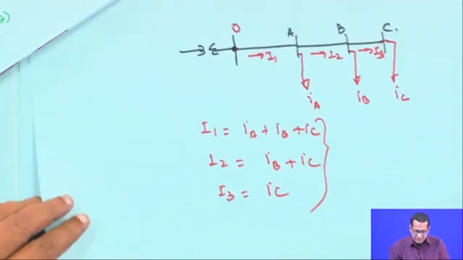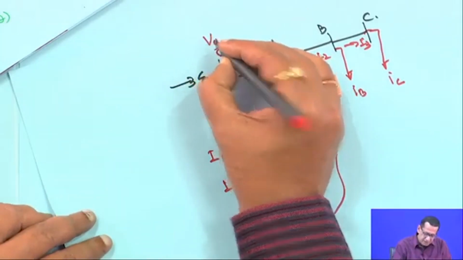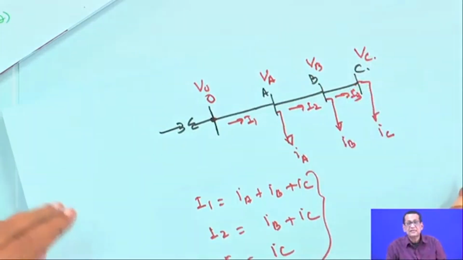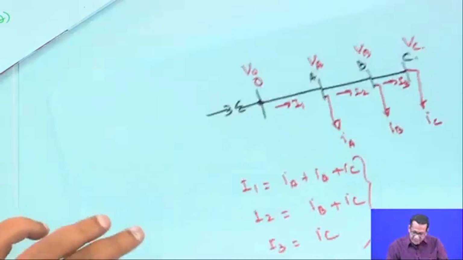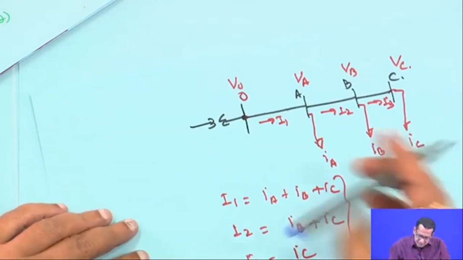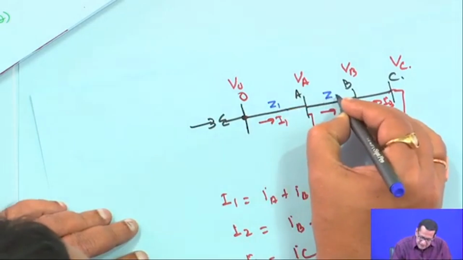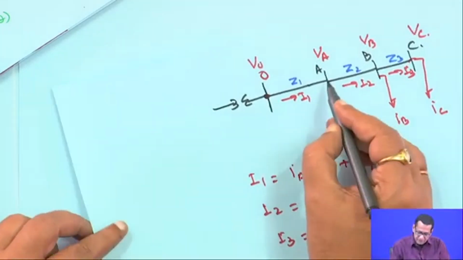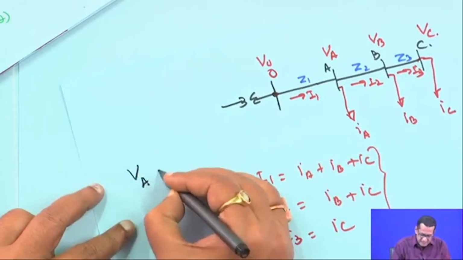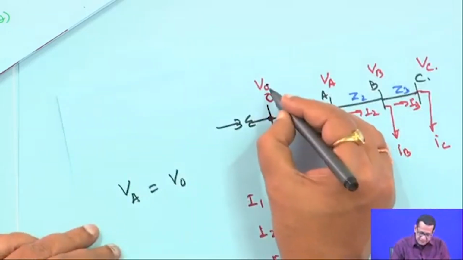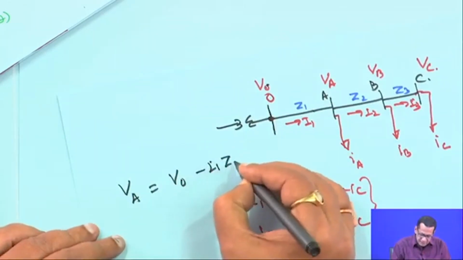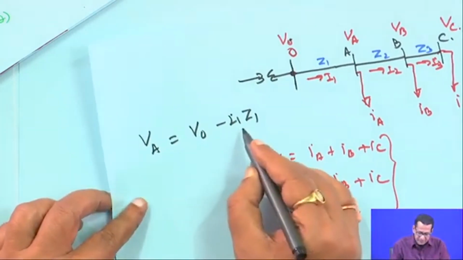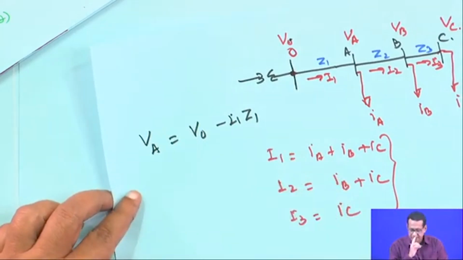Then, this voltage is say V O, this voltage V A, this voltage V B, this voltage is V C. The impedance of each branch is also given, say Z 1, Z 2, Z 3. Therefore, when you write the equation, V A is equal to V O minus I 1 Z 1, the voltage drop.